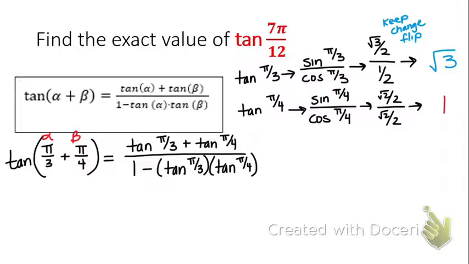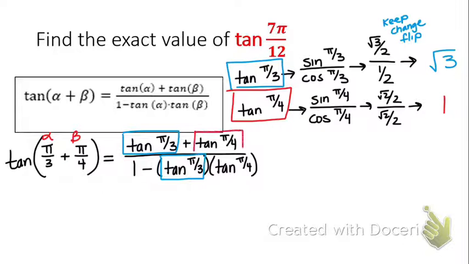So what I want you to do now is every place where it says tangent of pi over 3, I want you to write root 3. So this becomes a root 3, and this becomes a root 3. And then every place where it says tangent of pi over 4, well, then we're going to put a 1.